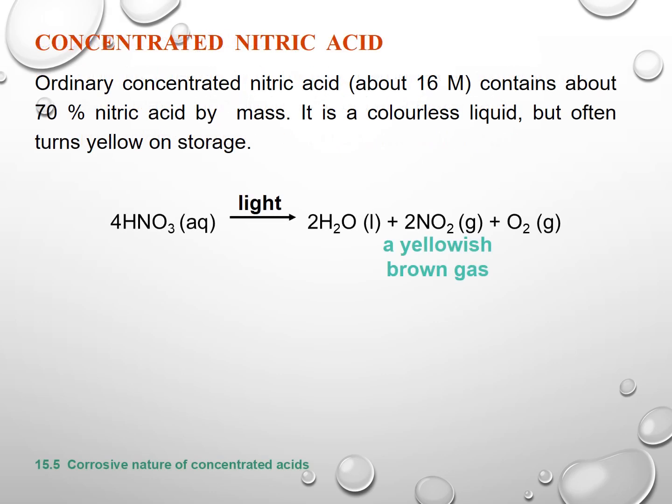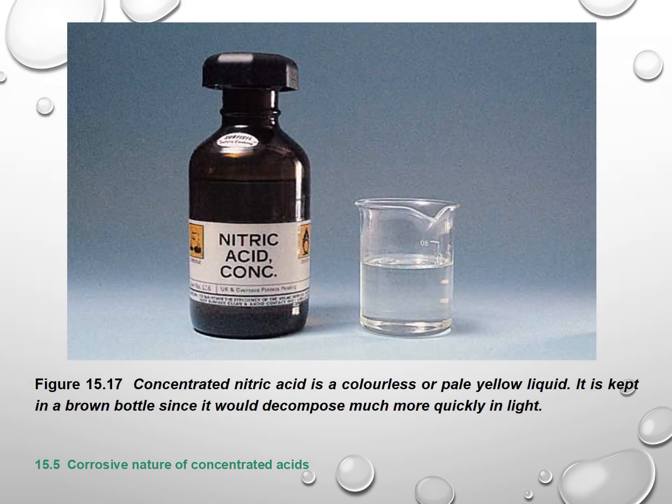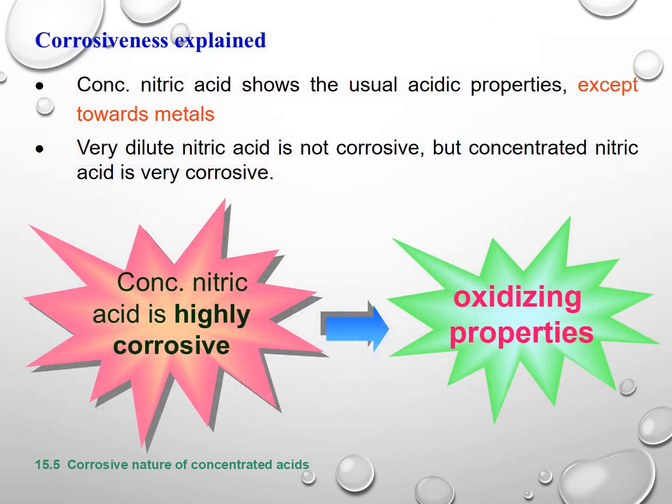Concentrated mineral acids are highly corrosive substances and must be handled with great care. Hydrochloric acid, nitric acid, and sulfuric acid are among the most important concentrated acids used in industry and laboratories. Concentrated hydrochloric acid is a colorless liquid that gives off white fumes in air.